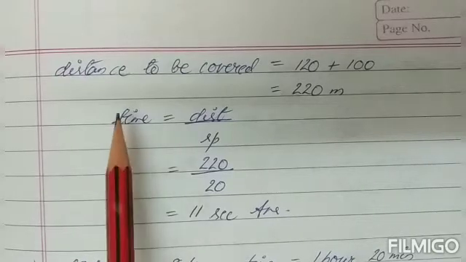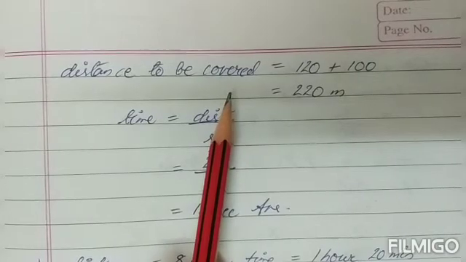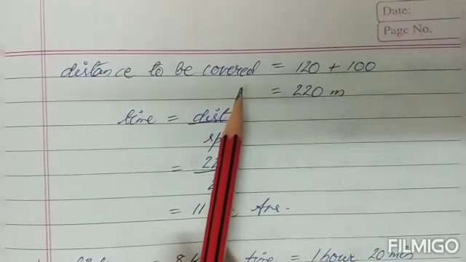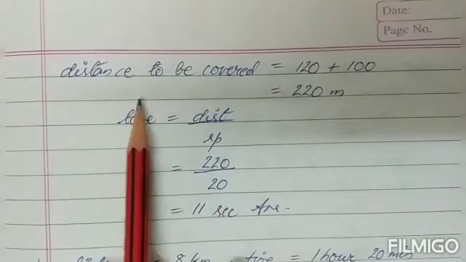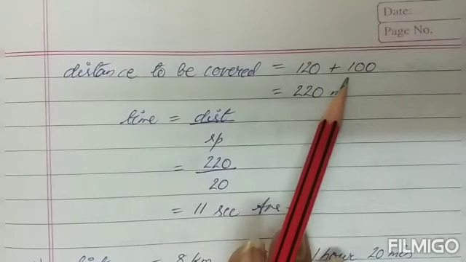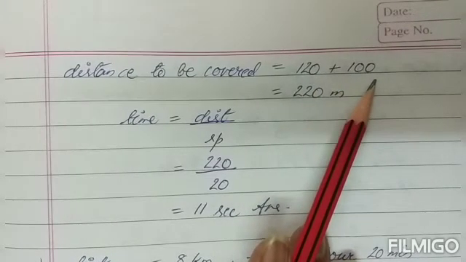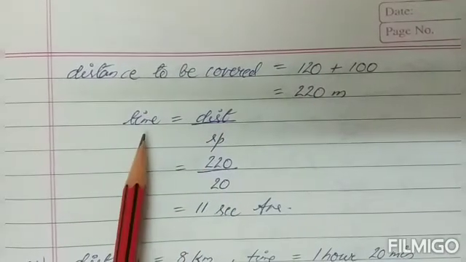Now children, because it is saying with the same speed when it is traveling, the train is traveling and it is passing a platform which is 100 meters, then how much time will it take? So now distance to be covered is the length of the train, that is 120, plus the length of the second platform, that is 100 meters. So the total distance is 220 this time, children. We have to calculate the time.